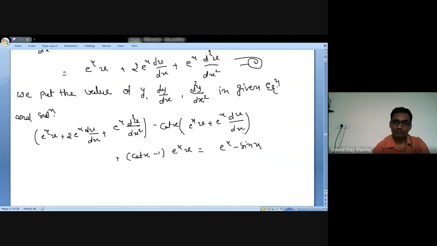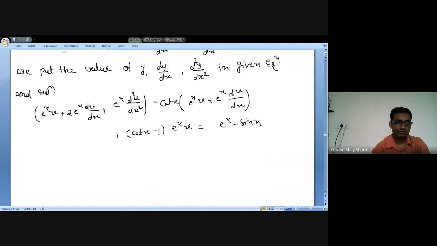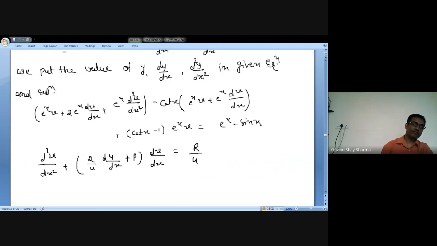Now by solving it we get d2v/dx2 plus 2 dv/dx. We can directly put dv upon dx as z.